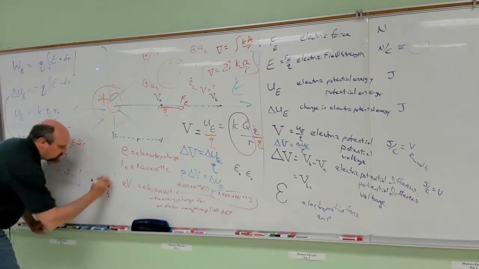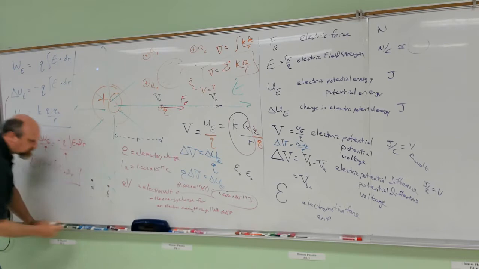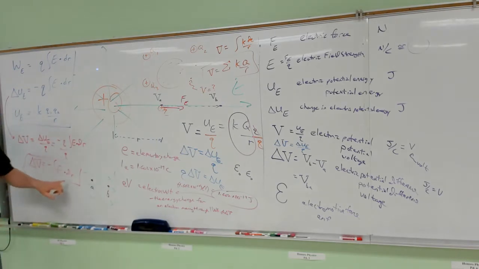Let's just say there's an E field going to the right, and we're going from here to here.